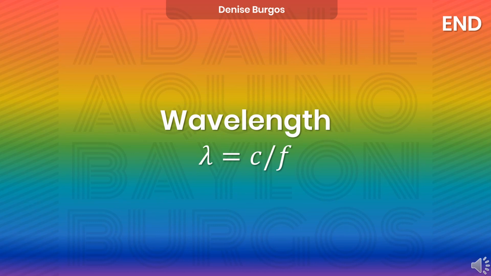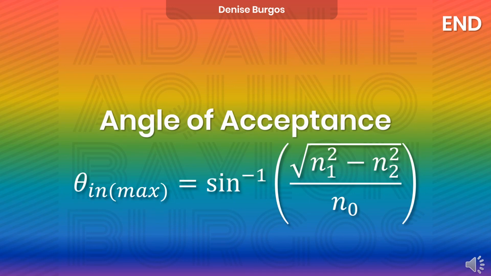The formula for the wavelength is given as lambda equals c over f, where c is the velocity of the wave and f is the frequency. The formula for the angle of acceptance is theta_in(max) equals arcsine of the square root of n1 squared minus n2 squared, all over n0.